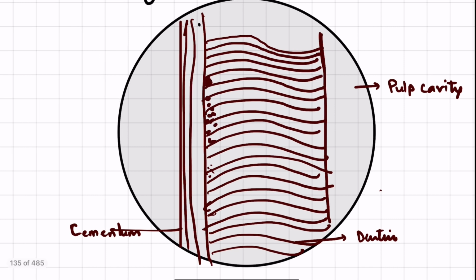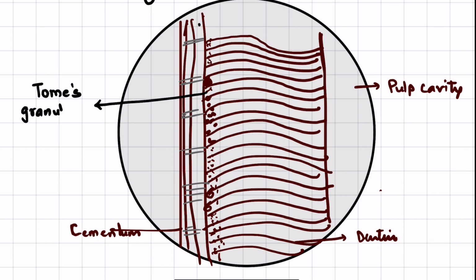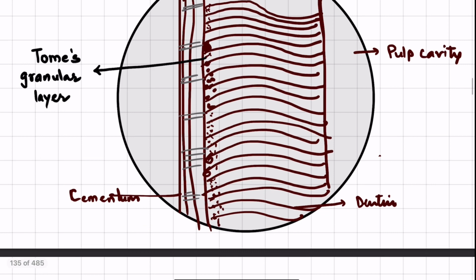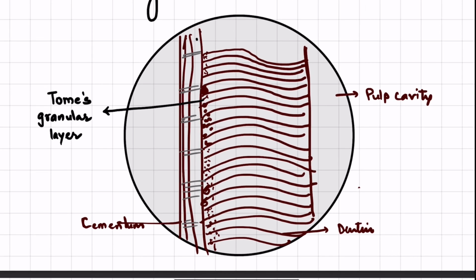This looping of the dentinal tubules, when cut in a longitudinal section, appears as the granular layer. These are the Sharpey's fibers in the cementum, giving it a cementum-like look. So this granular layer is called the Tomes granular layer, formed due to the looping of the dentinal tubules at the cemental junction.